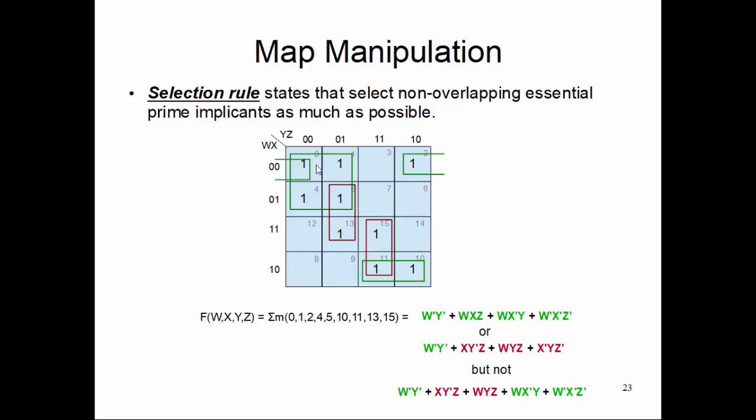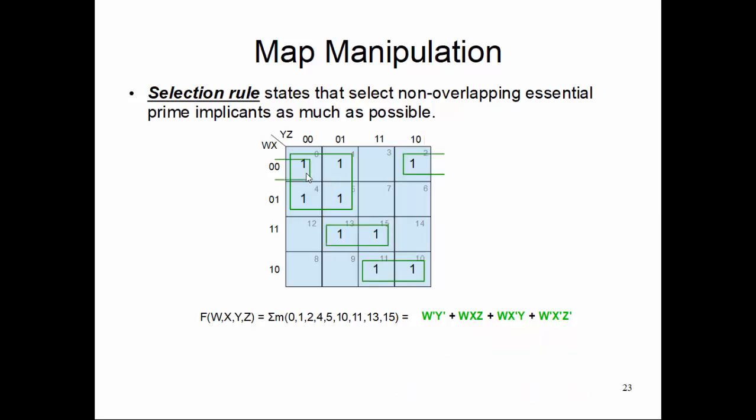Now we don't want to pick a choice which gives more overlap with each other. That's what the selection rule is saying. See, in this last combination, we have 1, 2, and 3 overlaps between the essential prime implicants, whereas the previous one has 1 overlap, another one has 1 overlap, so we are okay with them.